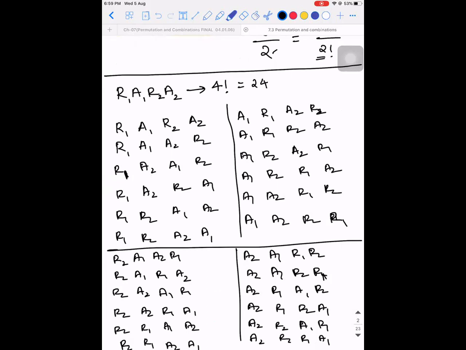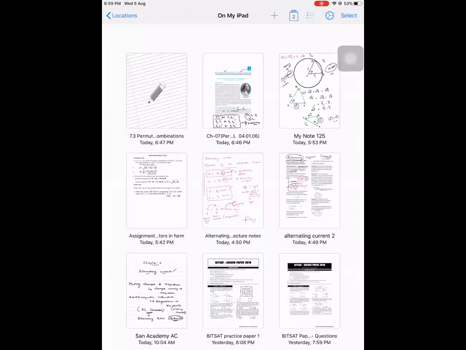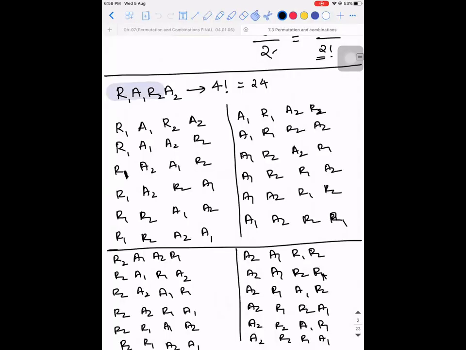But the question here is, observe, RA is same as what? R1, A1, R2, A2 is same as. So how many are getting repeated?